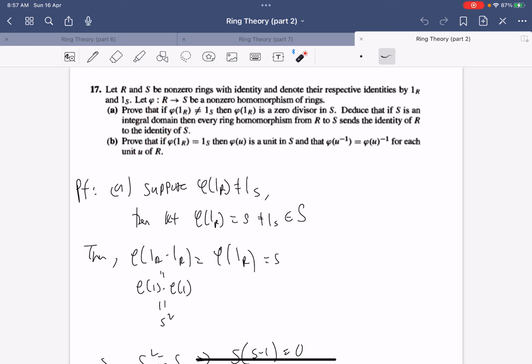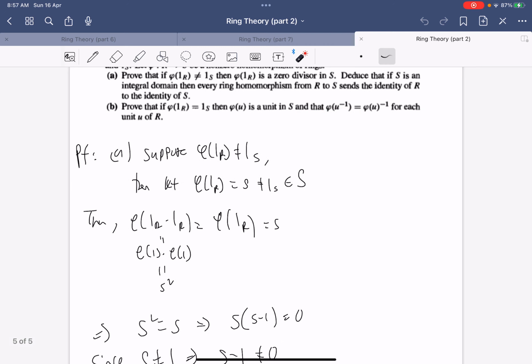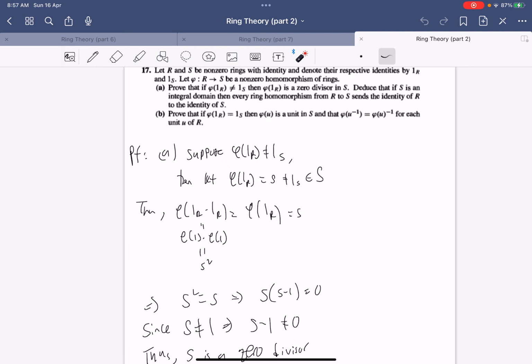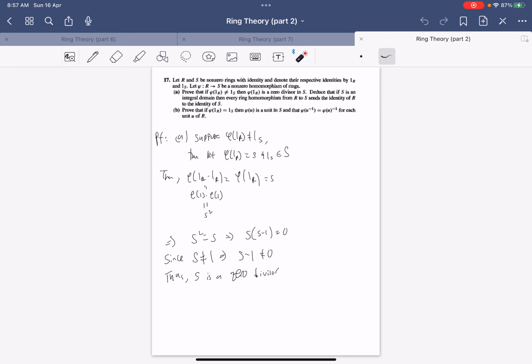And so if S is an integral domain, then it must send the identity to the identity. I'll leave it to you to verify B, as it's a very straightforward verification. Let me know in the comments down below if you need any help.